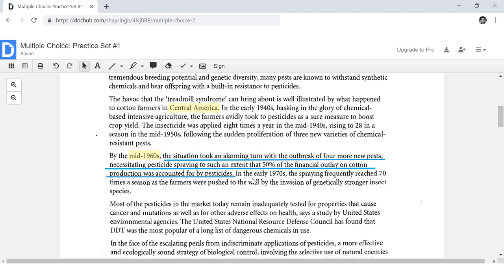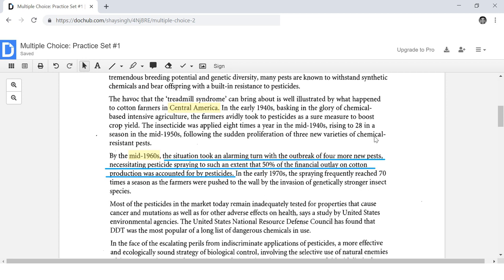All right, so what this sentence is saying is that by the 1960s, there was an outbreak of 4 more new pests. Those 4 new pests started to appear, or perhaps the old pests mutated or evolved in some way. Basically, there was an outbreak of 4 new species.